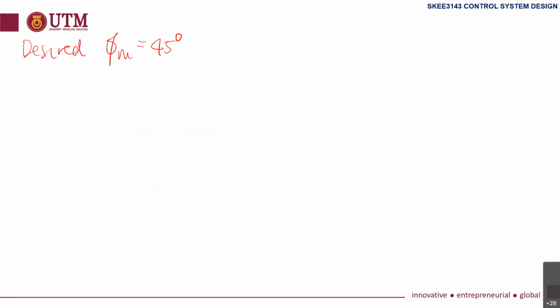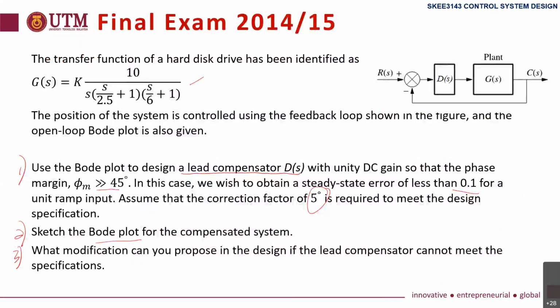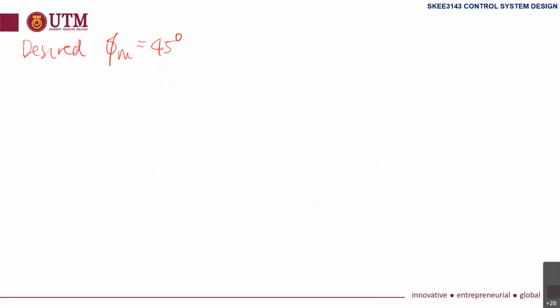Here you can see that sometimes in the exam, the phase margin is given. Sometimes it is described in terms of overshoot, or sometimes damping ratio. So we want 45 degrees.